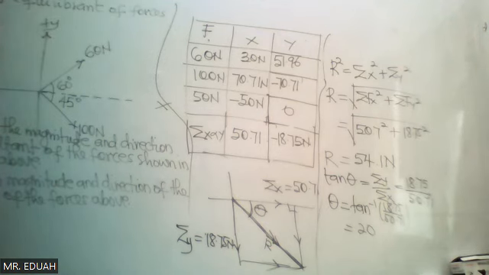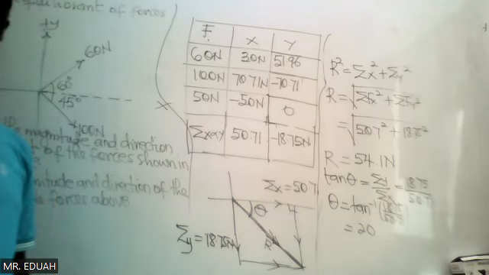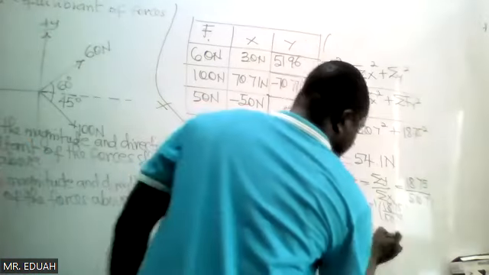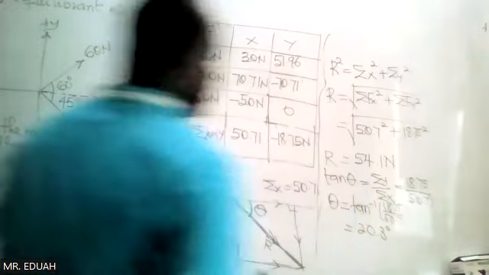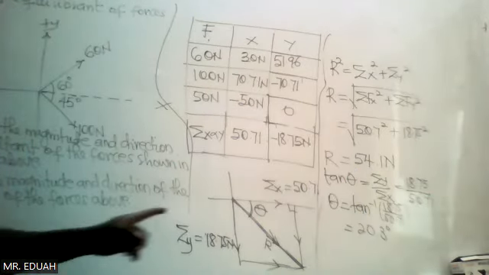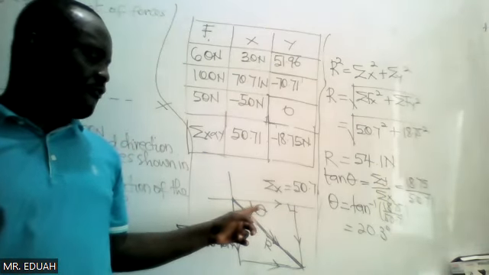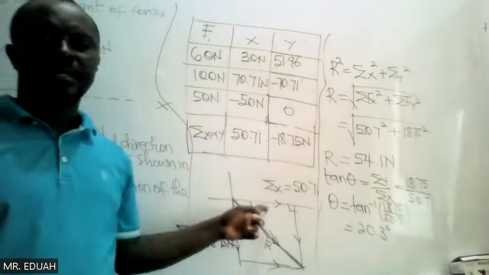20.30, okay, 20.3 degree. So the direction of the resultant is 20.3 degree from the east.